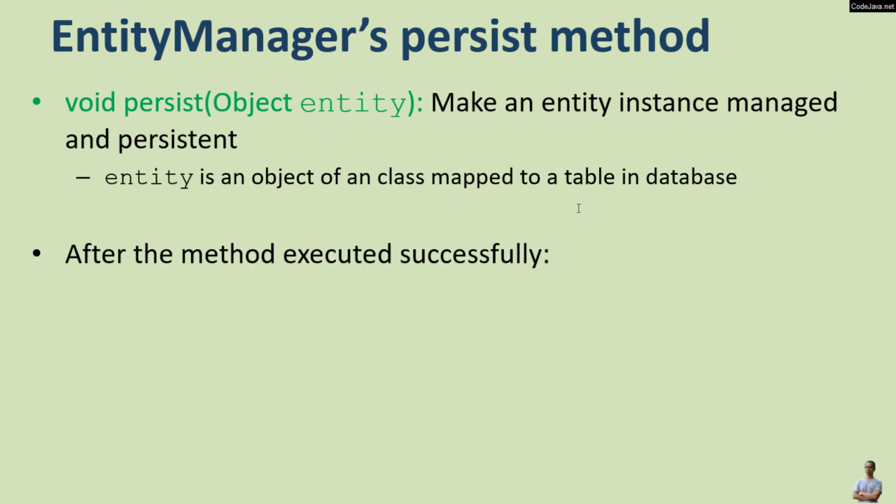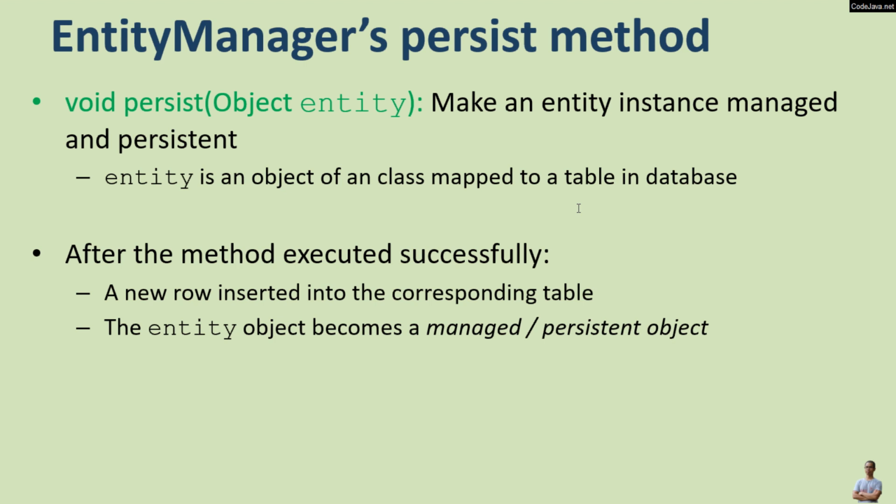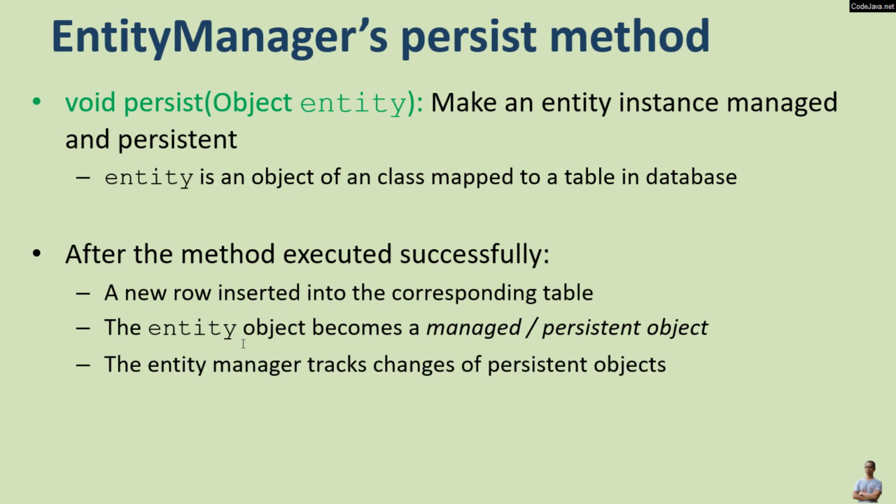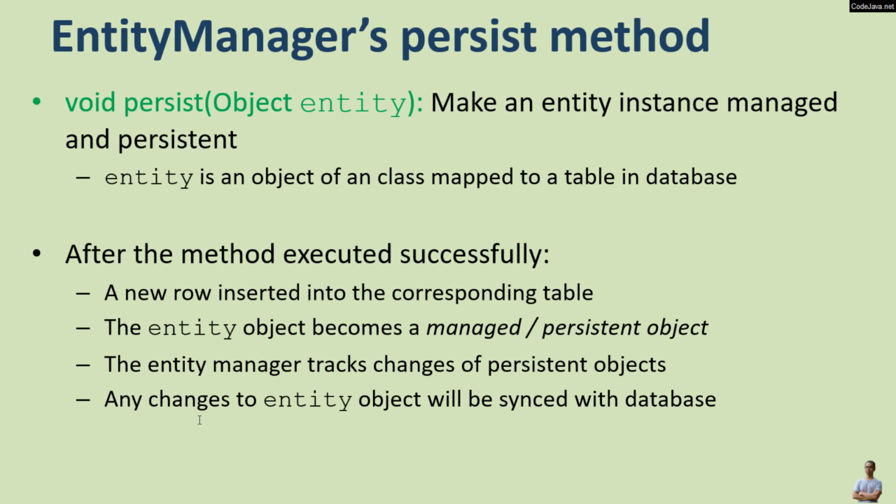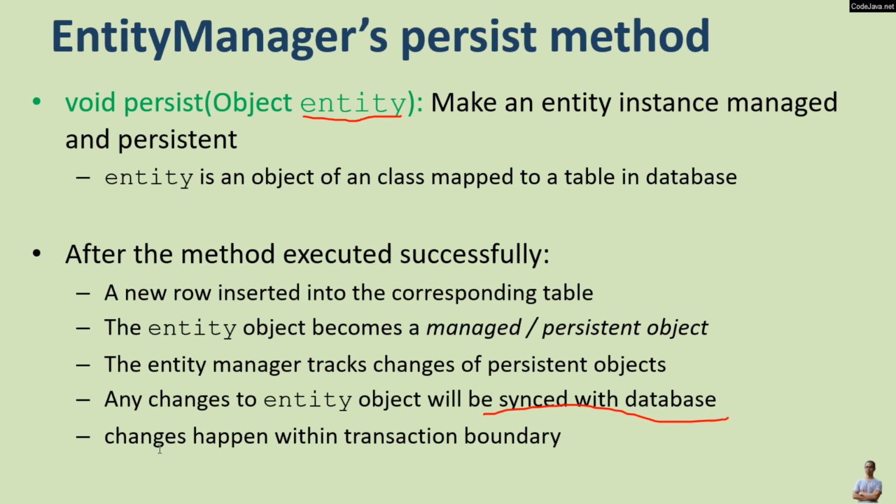After the method executes successfully, a new row is inserted into the corresponding table in the database, and the entity object becomes a managed or persistent object, and the entity manager tracks changes of persistent objects. So note that any changes to the entity object passed into the method will be synced with the database, provided that the changes happen within the transaction boundary.